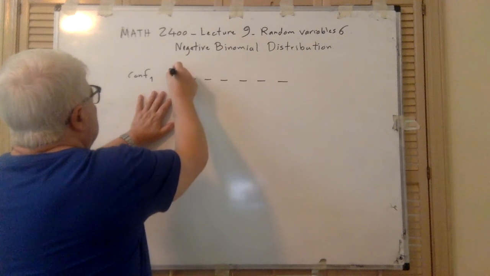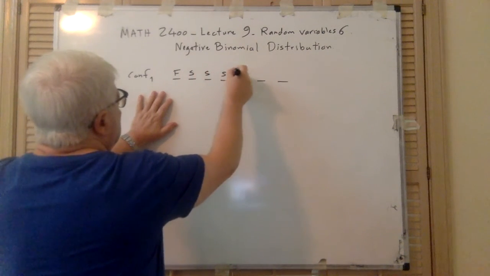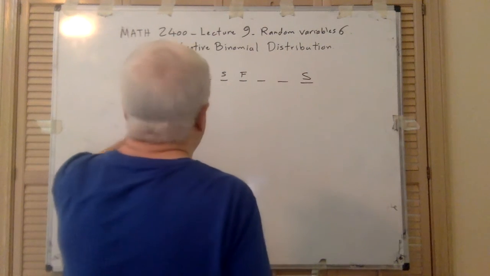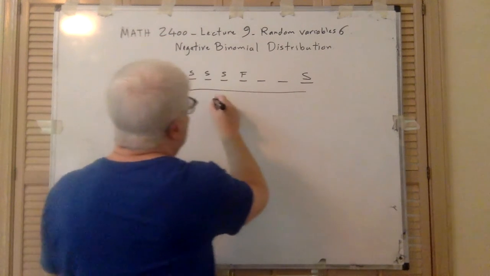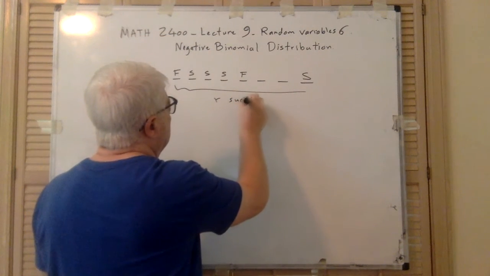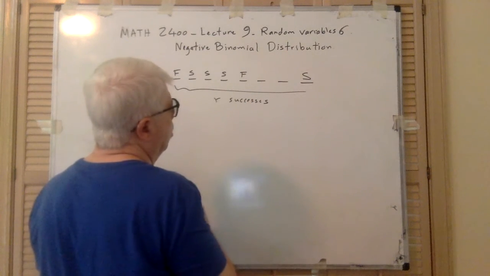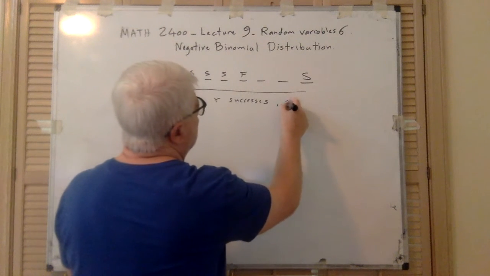It might start with a failure, it might then go success, success, failure, dot, dot, dot, and the last one is success. So I have R successes and X failures.